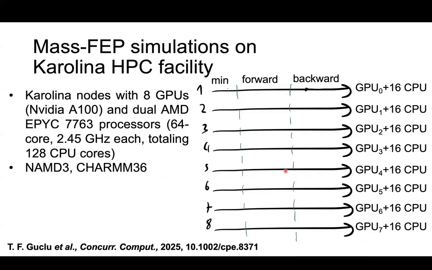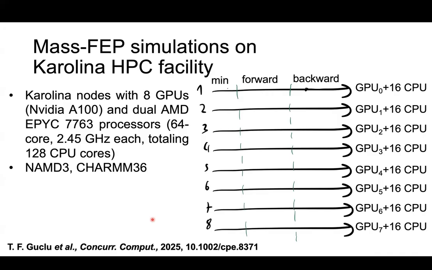It came in the 19th. However, by using NAMD3, after 2020, it was possible to run this method on GPUs. And with the newly coming GPUs, which are really strong, it was possible to do mass FEP simulations. Therefore, the method is old. However, using it in a high throughput manner is the new phenomenon here.